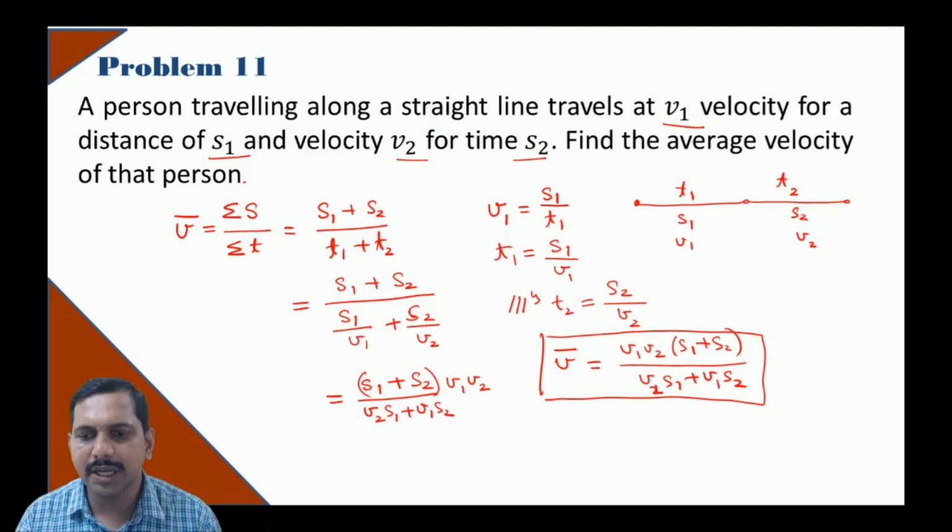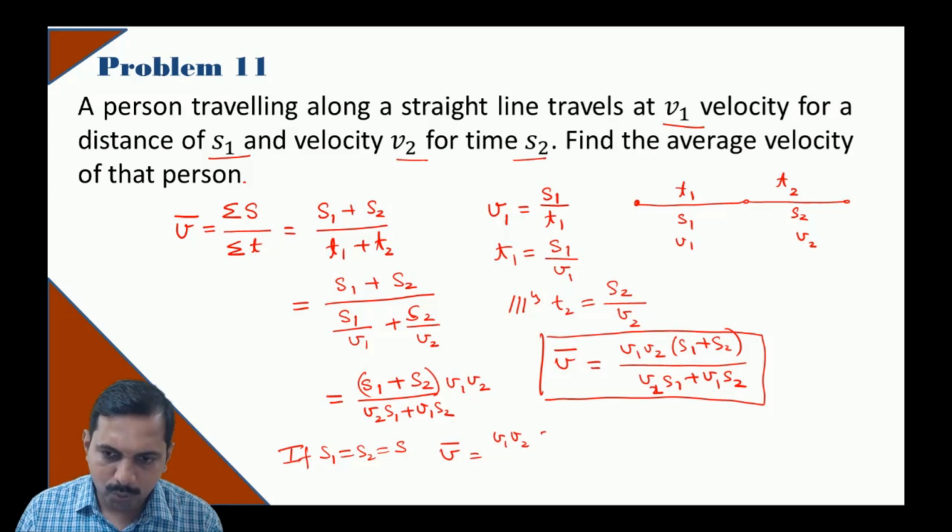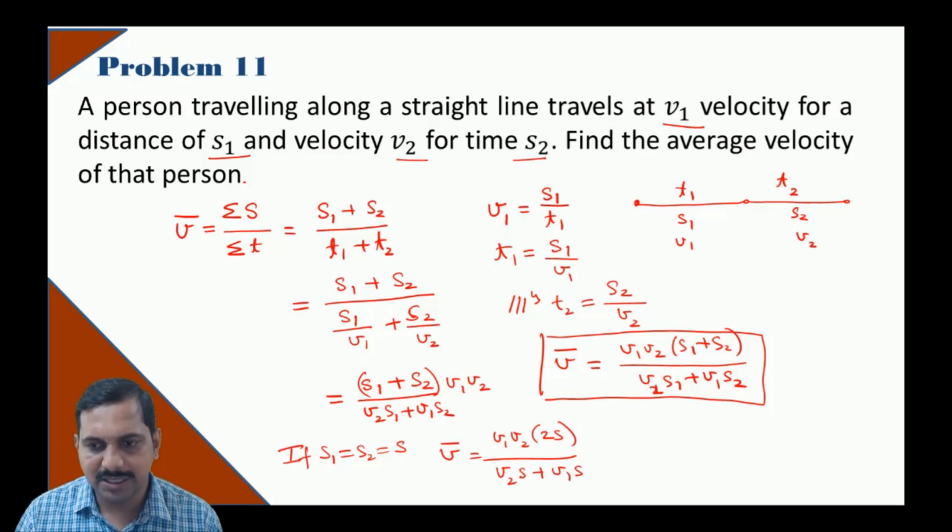Now there is a special case where s1 is equal to s2. In case s1 is equal to s2 is equal to s, then v average would be v1 v2 into 2s divided by v2 s plus v1 s, right?